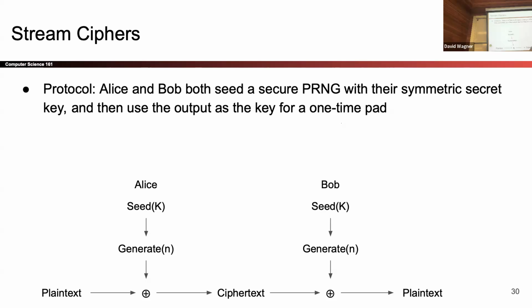And Alice can do that starting with the key as the seed, and Bob can do that starting with the key as the seed, since both Alice and Bob know the key. Because pseudo-random number generators are deterministic, they will both end up with the same pad. So Alice can encrypt by XORing her message with the pad, and then Bob can decrypt by XORing again with the same pad.